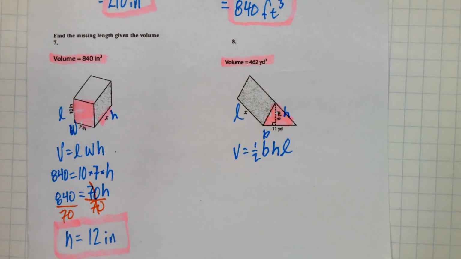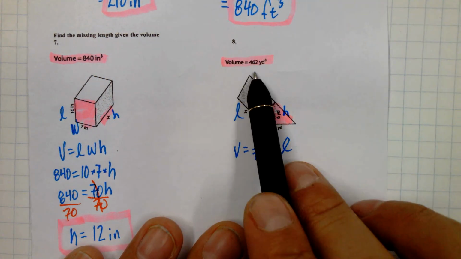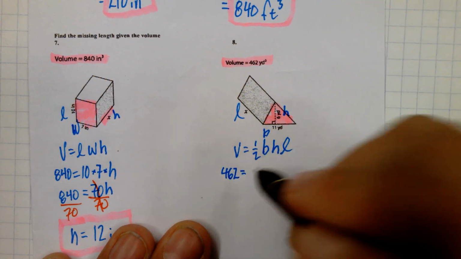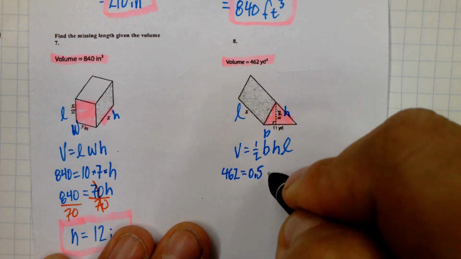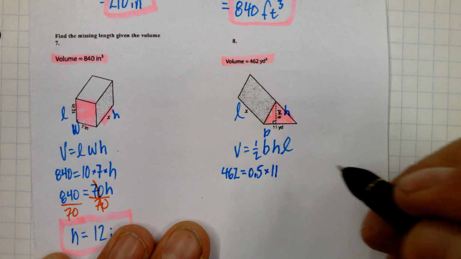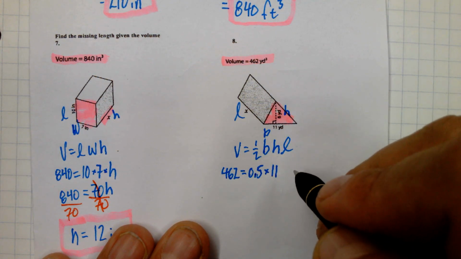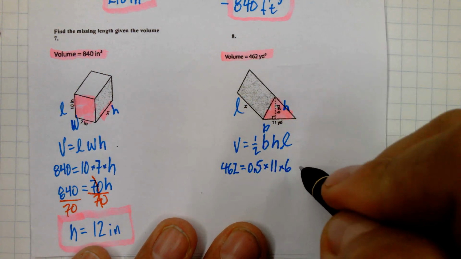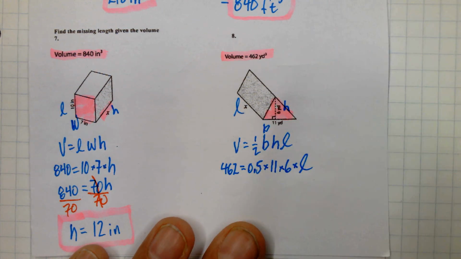I sure do. 462 cubic yards. So let's plug in everything we know. We know the volume, 462. We know 1/2, 0.5. We know the base, 11. We know the height. The height is 6. What we don't know is x. I'm going to call it L.